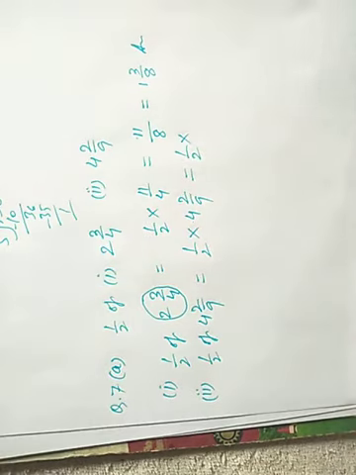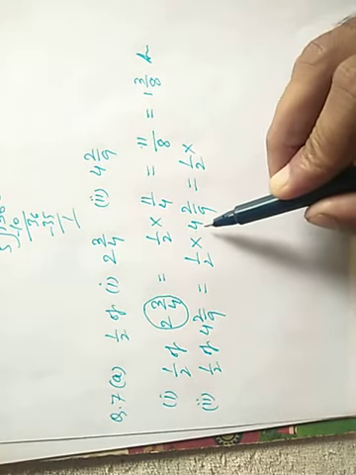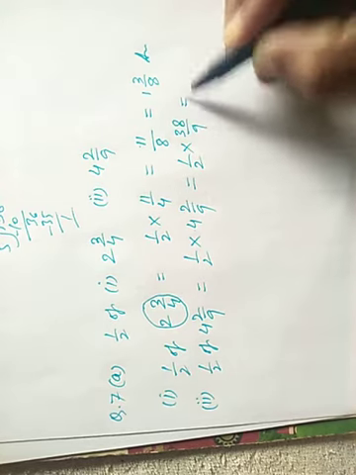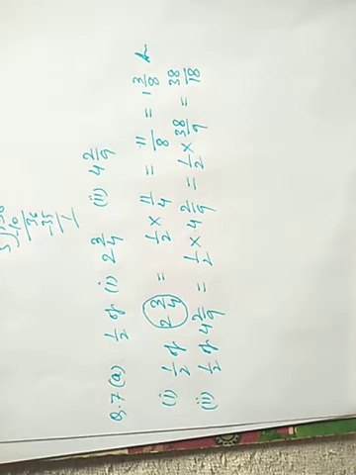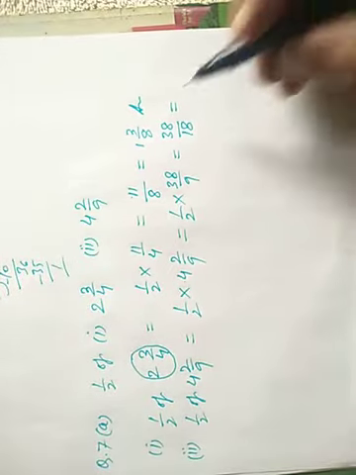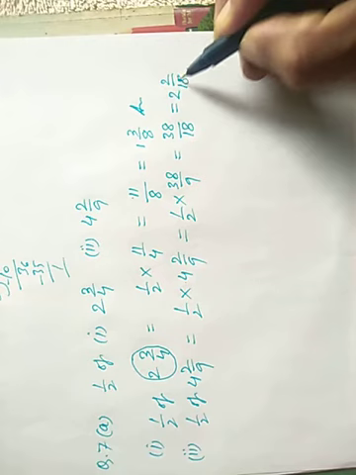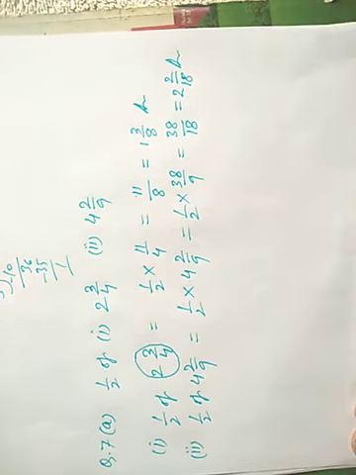So 4 nines are 36 plus 2 is 38 upon 9, and we will multiply it as 38 upon 18. Now we can express it as a mixed fraction. It will be 2 2 upon 18, because 18 twos are 36 plus 2, 38 upon 18. Okay, this is the answer.